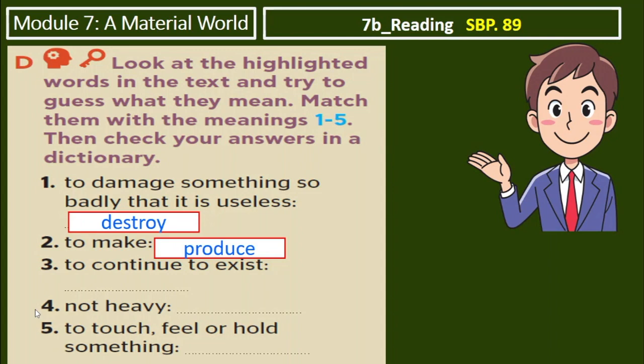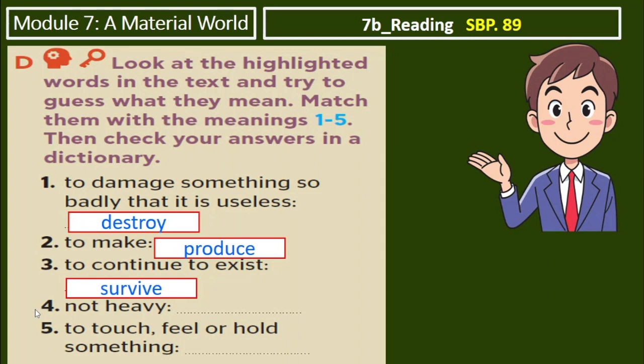Now, look at paragraph number 5 and find out the word that's closest in meaning to this phrase, to continue to exist. Correct. To survive. To survive means to live, to continue to exist, to remain alive.